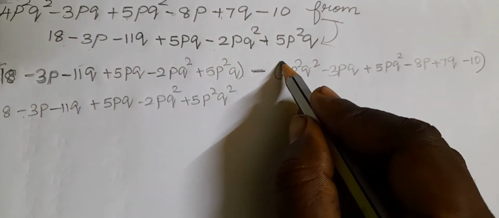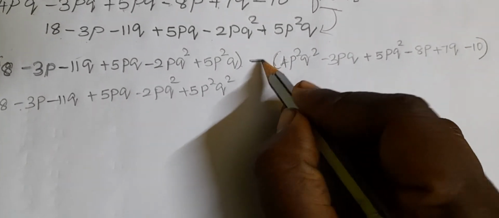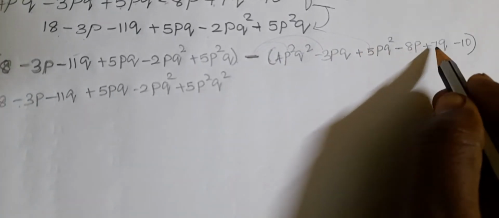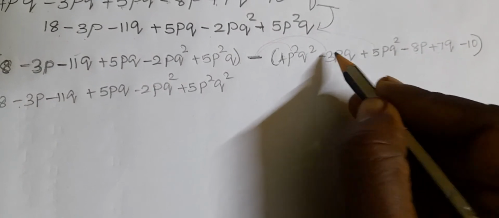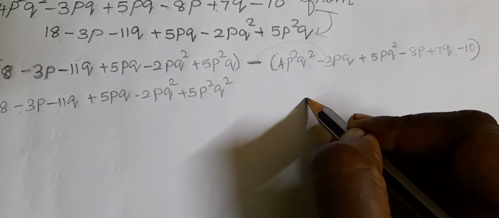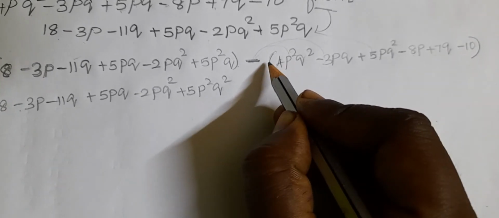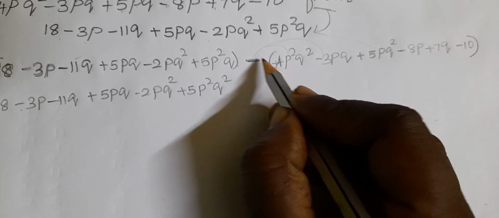Now I am going to remove this bracket, but before the bracket there is a minus symbol. So this minus will multiply with each sign within the bracket, and all the signs will turn to the opposite sign. Now actually it is a plus 4. When I remove the bracket, this plus symbol will be multiplied with minus.